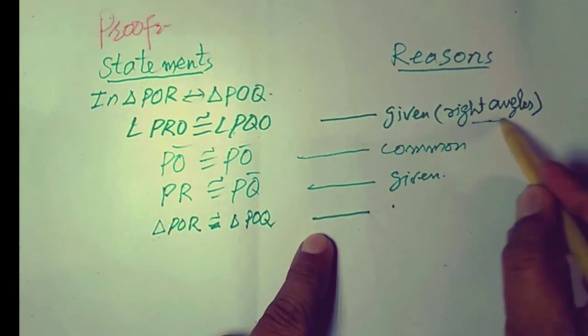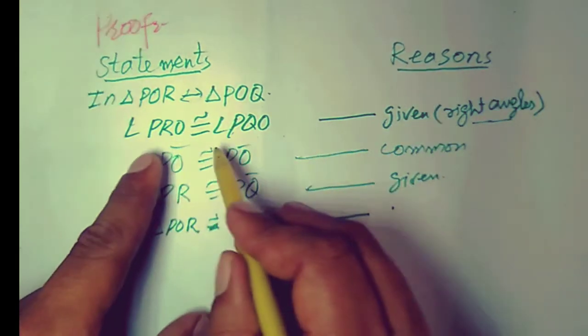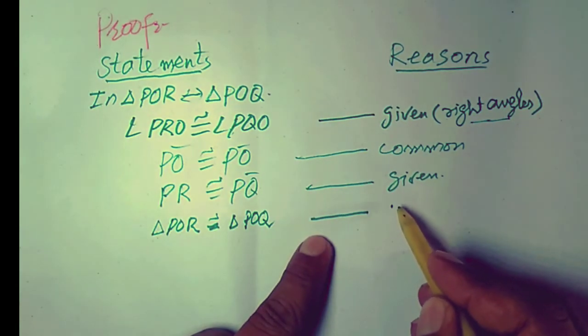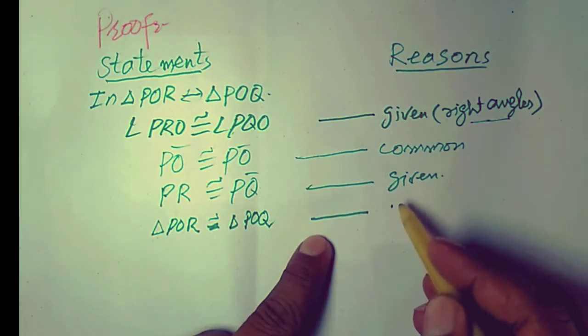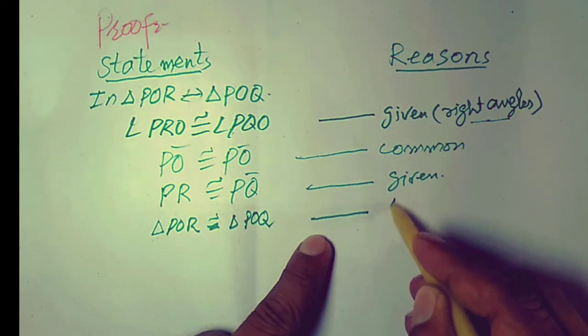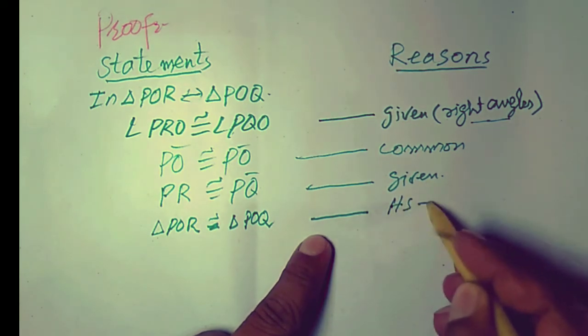When one pair is 90 degree angles, then hypotenuse side congruent.